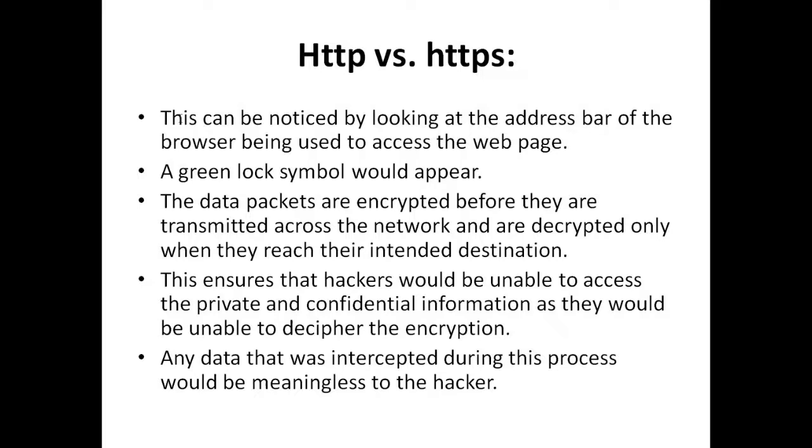The data packets are encrypted before they are transmitted and are decrypted only when they reach their intended destination. This ensures that hackers would be unable to access the private and confidential information, as they would be unable to decipher the encryption. Any data that was intercepted during this process would be meaningless to the hacker, so the sad hacker would just be left crying. Although he would have gotten your files, he would not be able to open them.